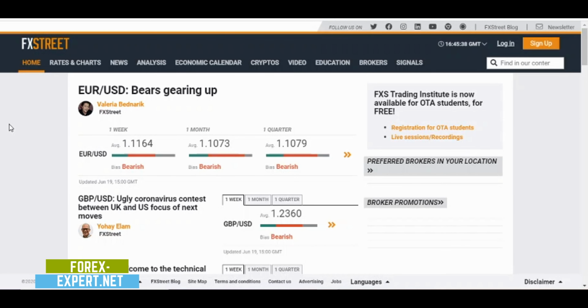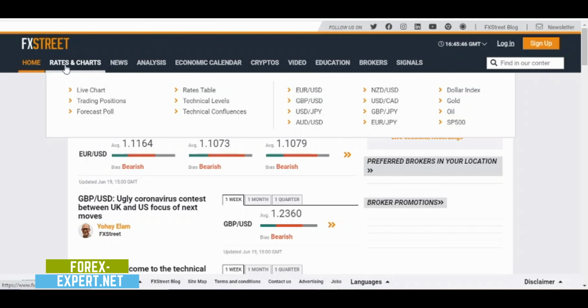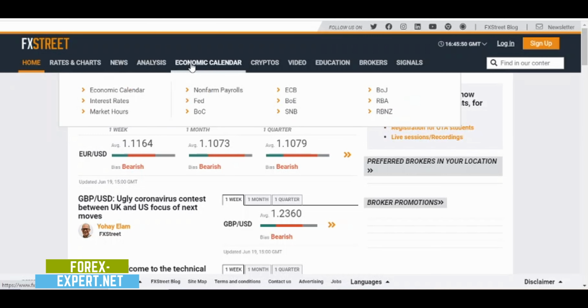The third source is fxtrade.com. It's another very great website where you can check everything related to the markets, and you will find anything: news, analysis, economic calendar. So you will have the complete list, like interest rates, market hours, non-farm payrolls, Fed, ECB.